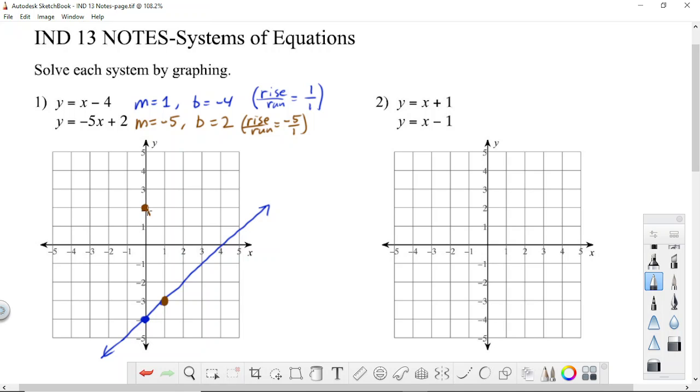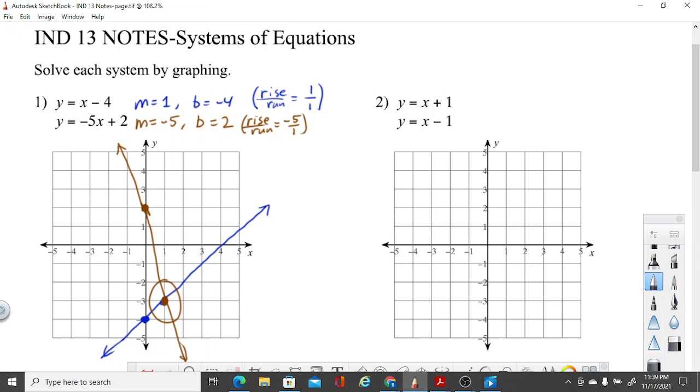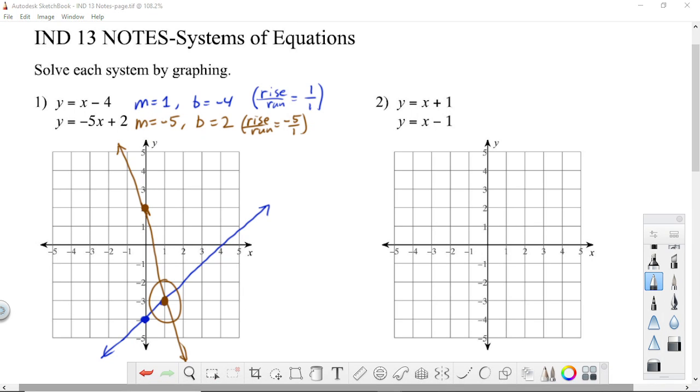If we had not been so lucky to get that point showing us the solution already, we would have to look for where these cross, which is what we look for anyway. There it is. So we have to then write down our solution as what is that point, okay?